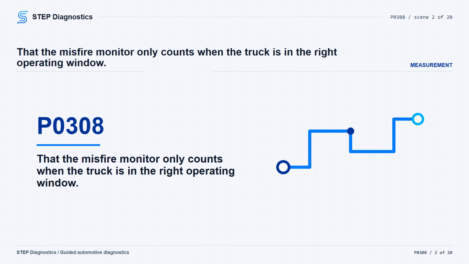The code sets when crankshaft speed variation between cylinders exceeds a calibrated value based on engine speed and load.